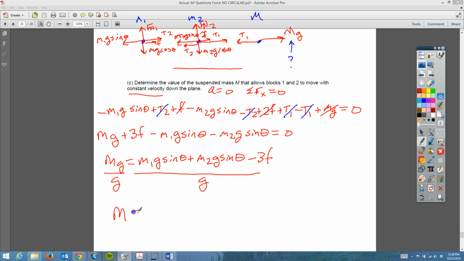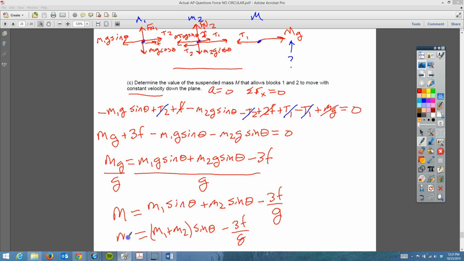So that'd be big M is equal to m1 sine of the angle plus m2 times the sine of the angle. And then we're going to subtract off 3f over g. We could then reduce it down one more time. We could just say this is m1 plus m2 times the sine of the angle minus 3f over g, and that's equal to our big M.